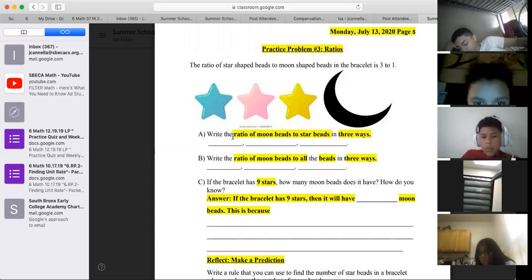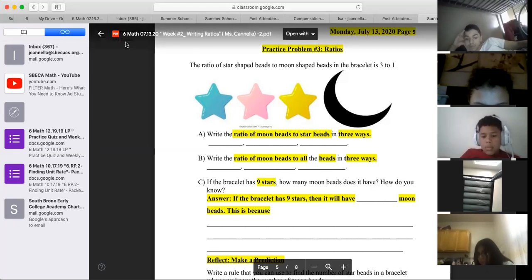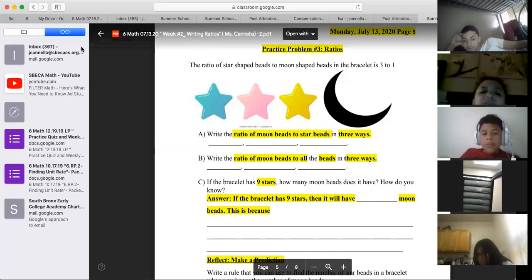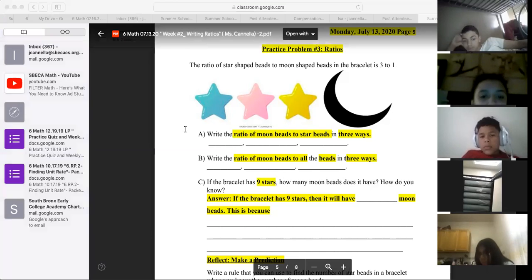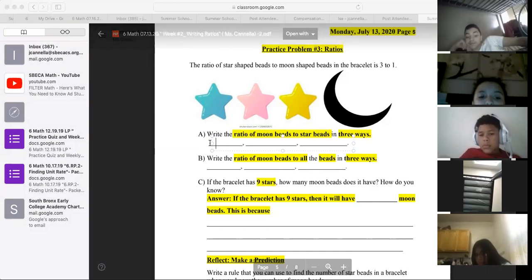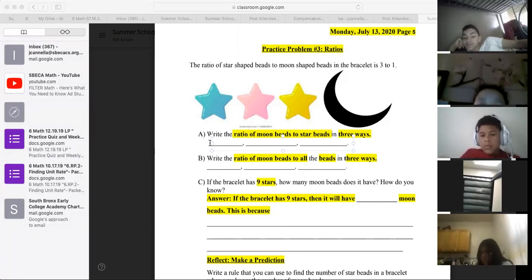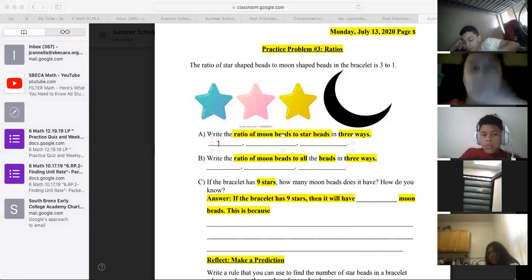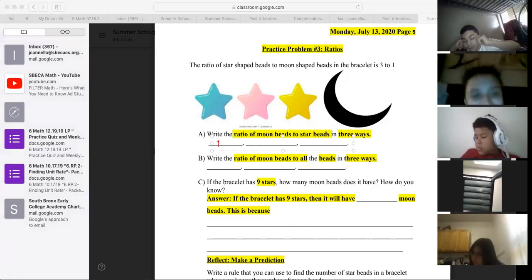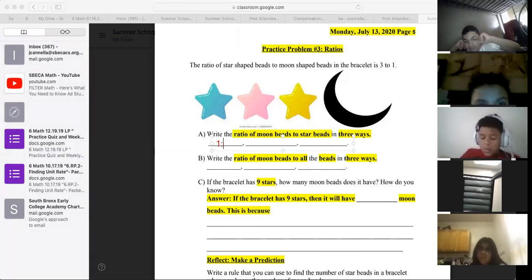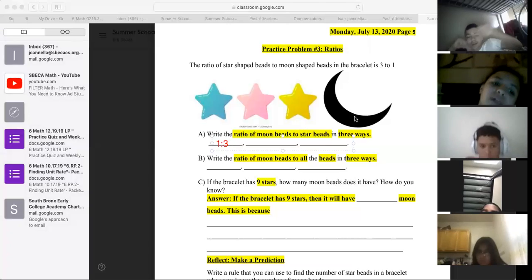Let's start there. So, Lorenzo, how many moons are there? 1. And how many stars are there? 3. Okay, so give me one way to write a ratio. Remember the 3 ways? Give me one way. 1 colon 3. Okay, yeah, because there's 1 moon bead for 3 stars.